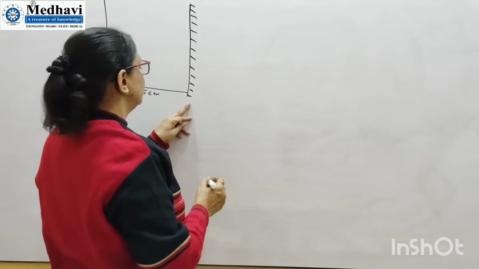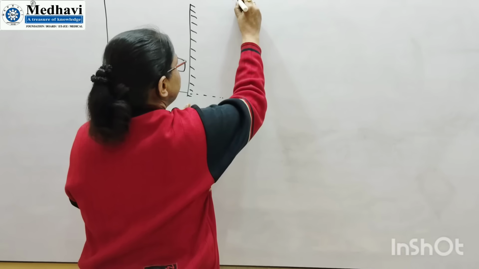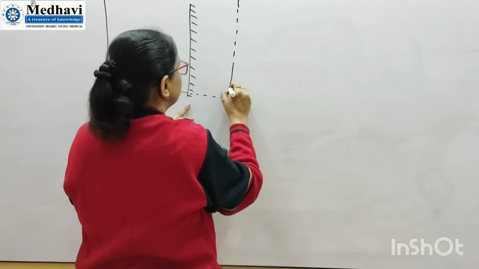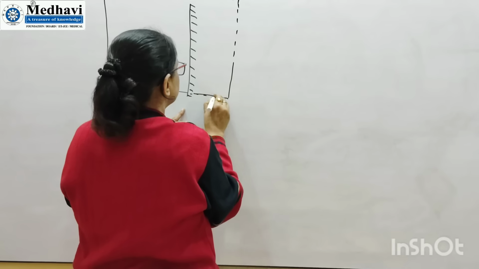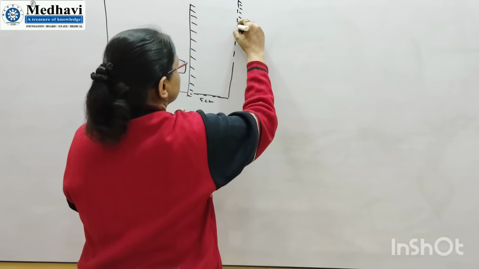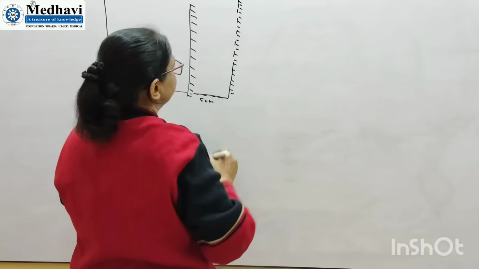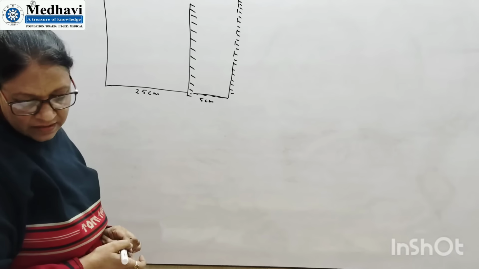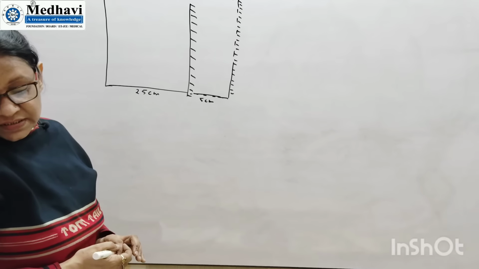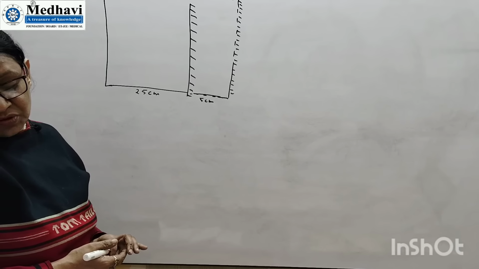This is the initial position of the mirror. After that, it is shifted 5 centimeter away from the object. Find the new distance between the object and image and the distance between two positions of the image.